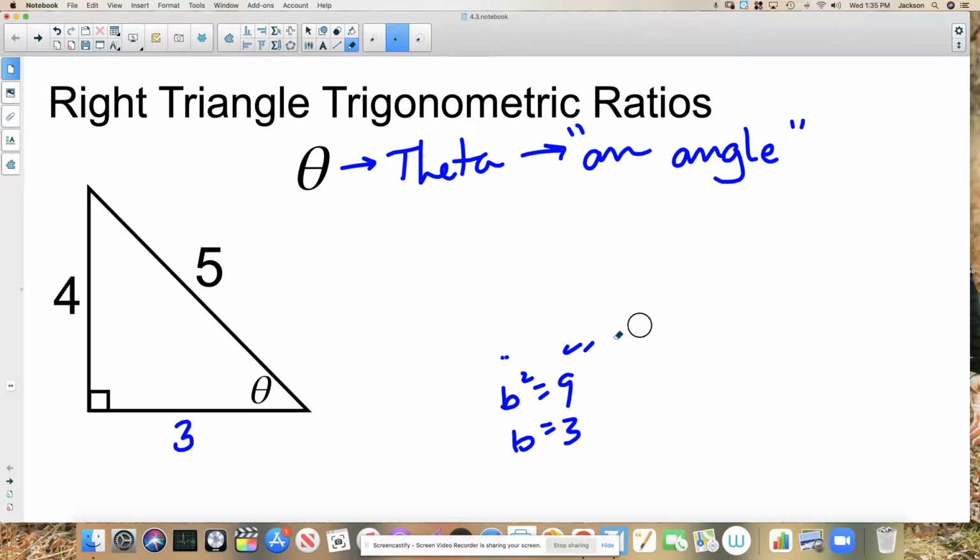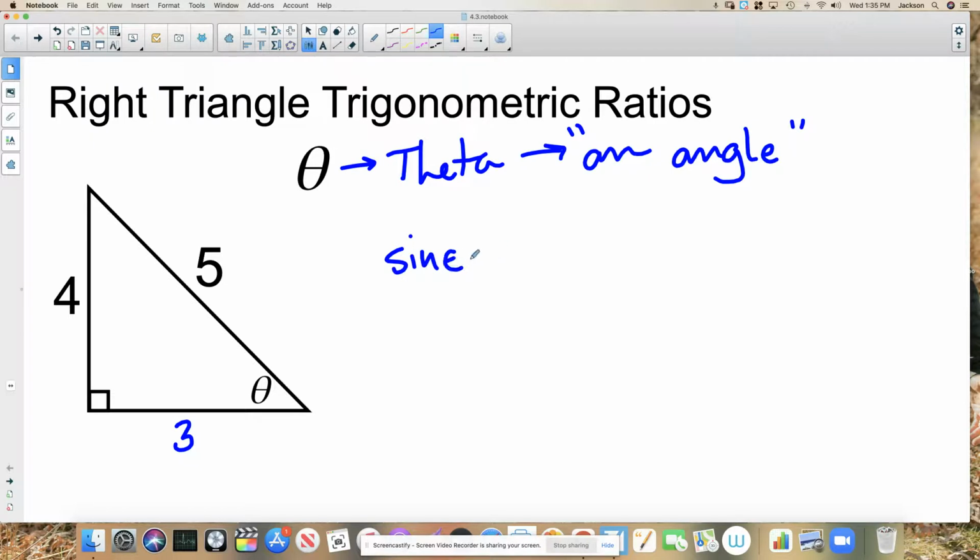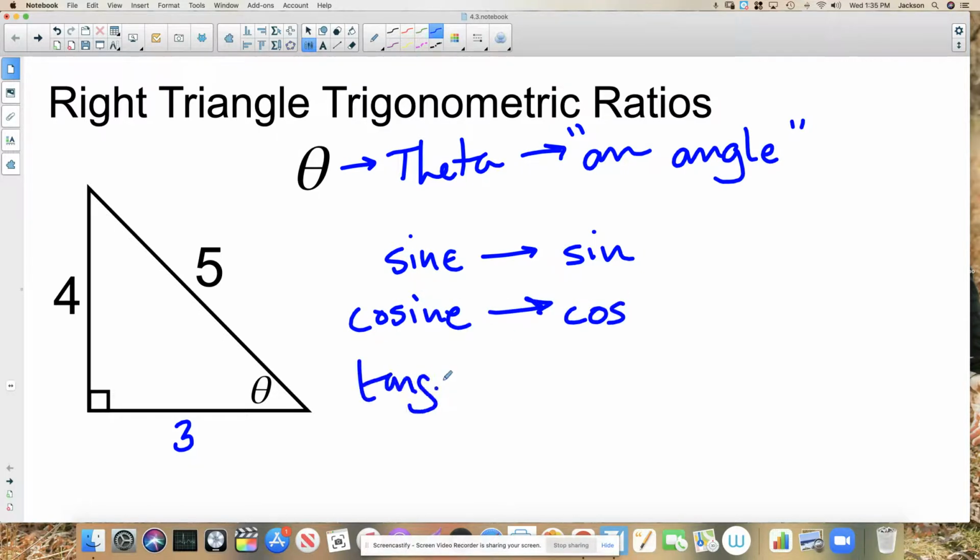All right, the reason that we're really here is to talk about these trigonometric ratios. The basic trigonometric ratios that you're familiar with are sine, which we abbreviate with SIN, cosine, which we abbreviate with COS, and tangent, which we abbreviate with TAN. Each one of these we call a ratio, because what's a ratio? A ratio is a fancy name for a fraction.